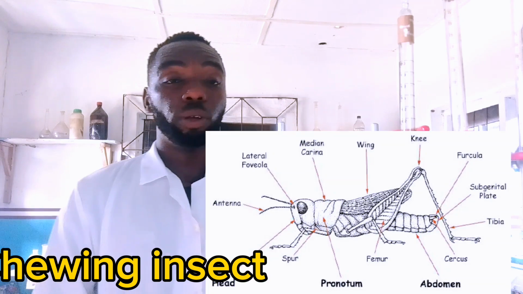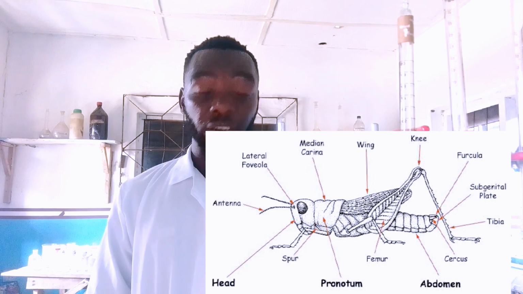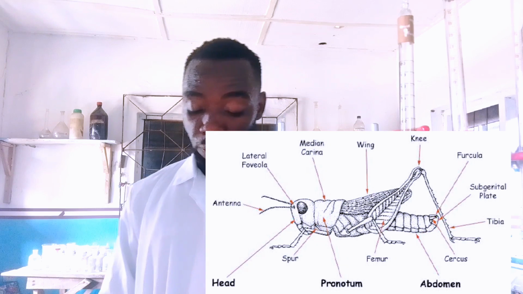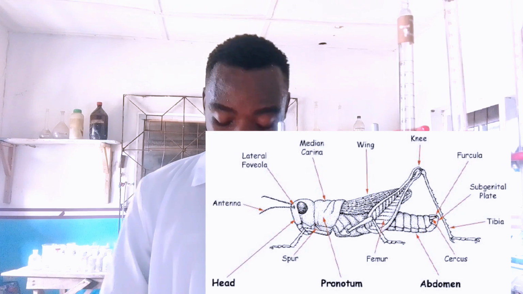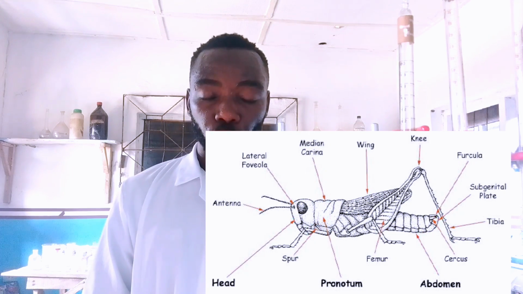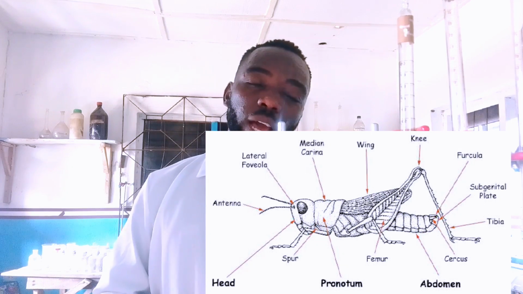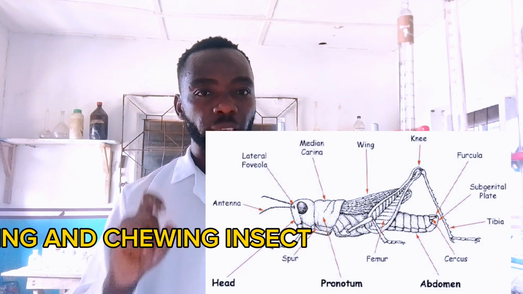Okay, now Specimen J, we have grasshopper. Now, grasshopper is a kind of insect that bites and chews. So the insect type is known as a biting and chewing insect. Get that?